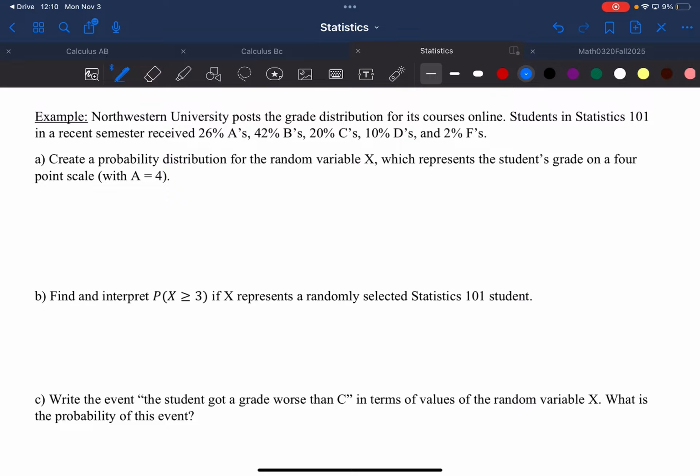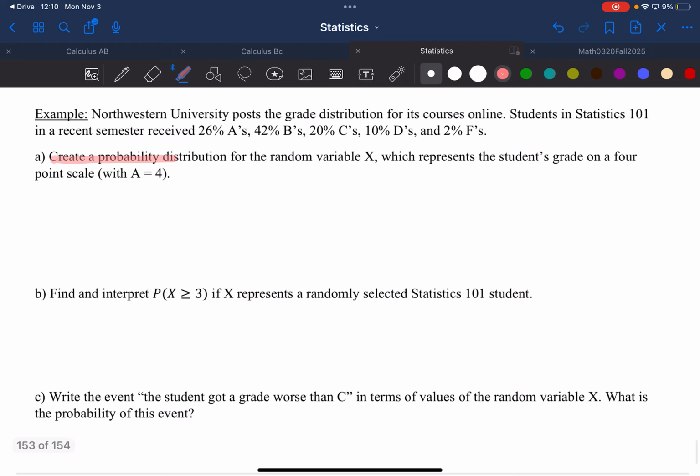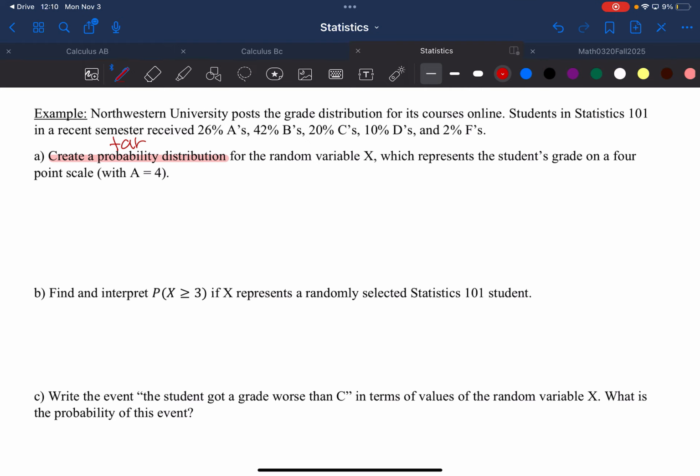It says create a probability distribution for the random variable X, which represents the student grades on a 4-point scale with A equal to 4. So when it says create a probability distribution, I want you to think create a table. Okay, so go ahead and highlight that and write table. Okay, which means we're creating the table of X, P of X.